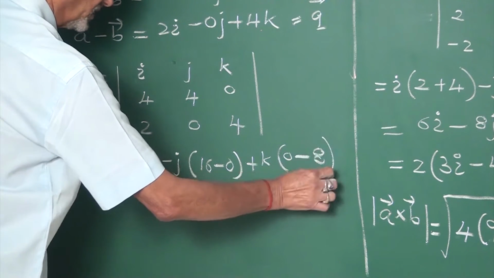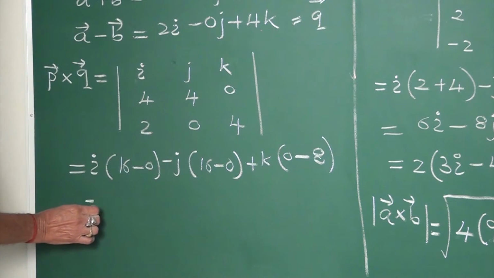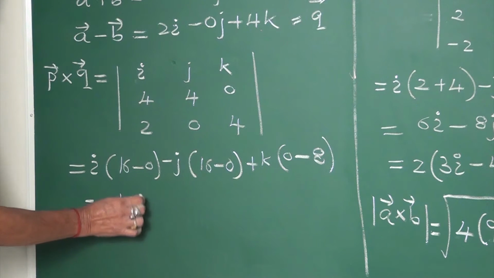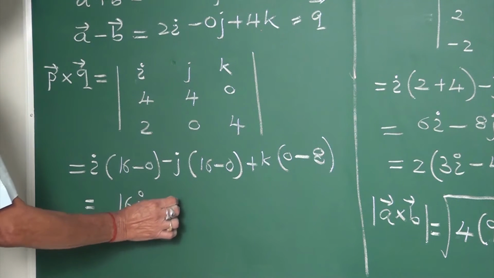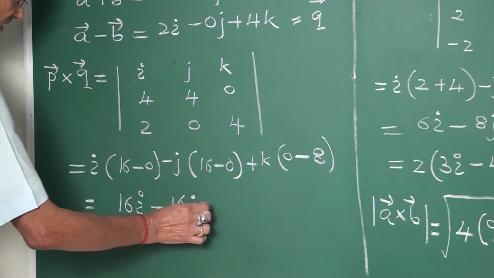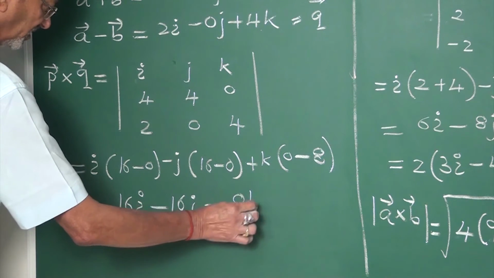This is, my friends, 16i minus 16j minus 8k.